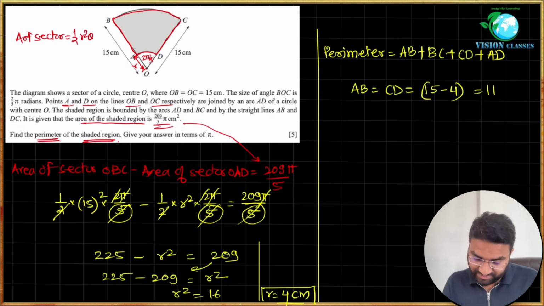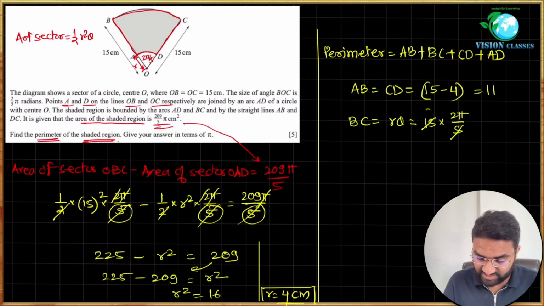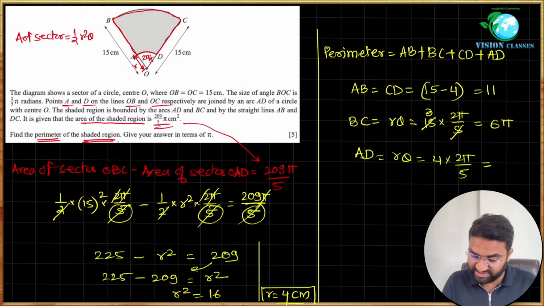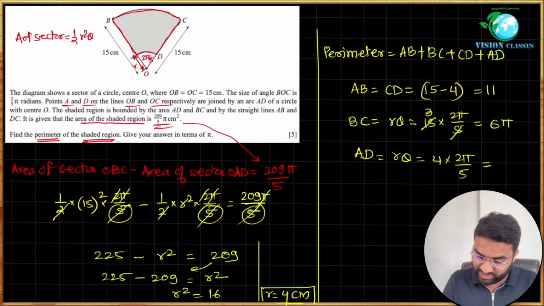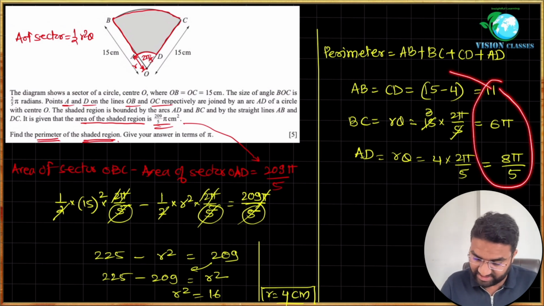Then BC is an arc, equal to r theta, which is 15 times 2 pi over 5, so 3 times 2, which is 6 pi. Next, AD is also an arc, which is r theta. R is 4, theta is 2 pi by 5, so this simplifies to 4 times 2, 8 pi by 5. Now substitute all these things here.